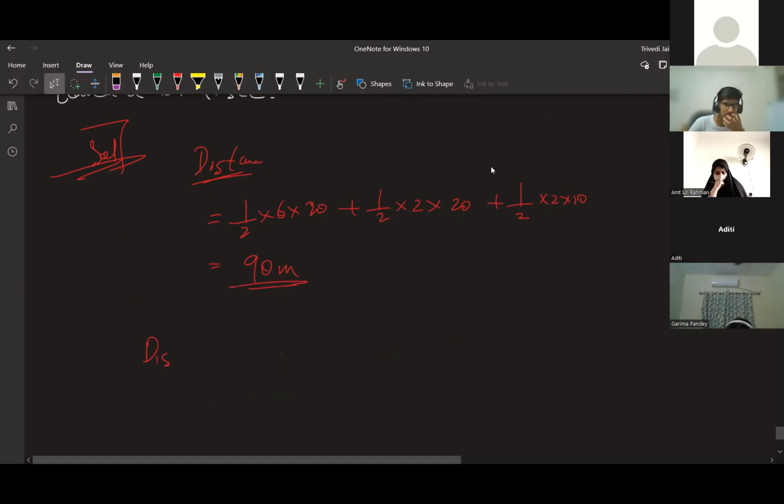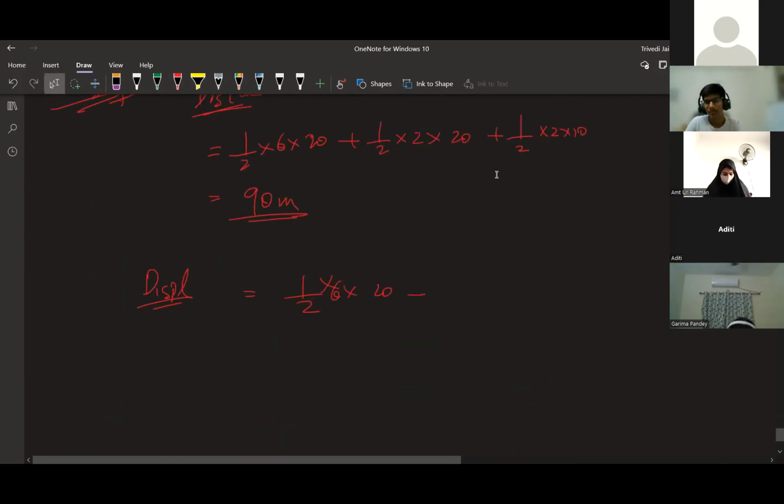Now, displacement, half, as usual, 6 into 20 minus 2 into 20, plus 10.